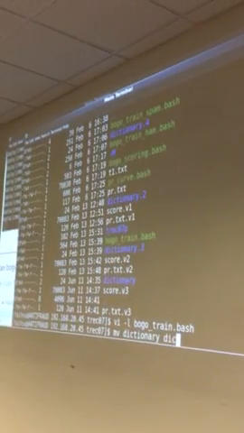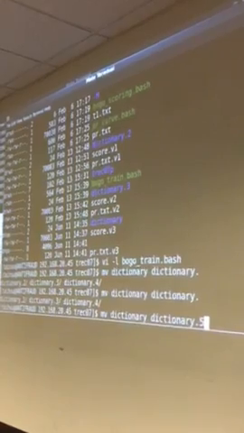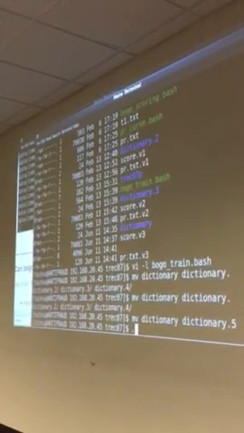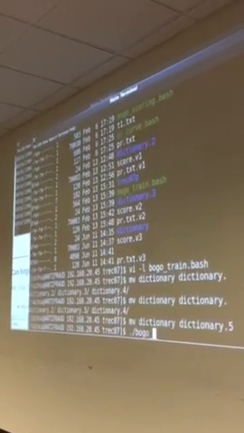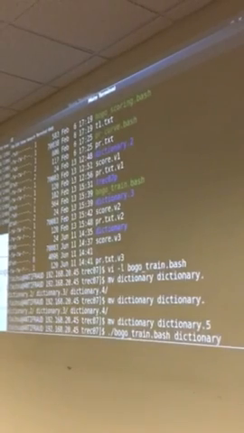Before we do that, we need to remove the dictionary. Alright, so it tells you the progress. Okay, so we already trained the 500, 600, 700.